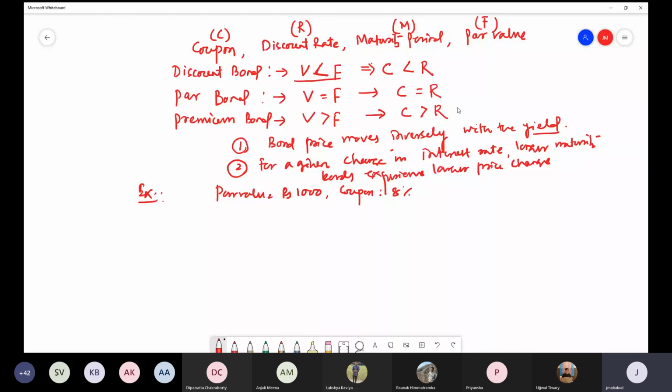And with the different term to maturity, the bonds and the discount rate also will be given to you.